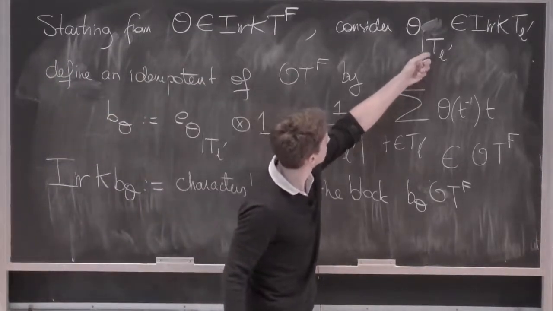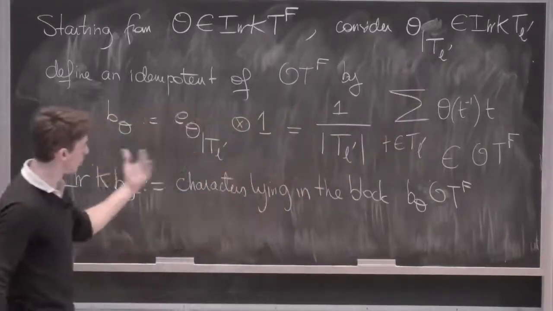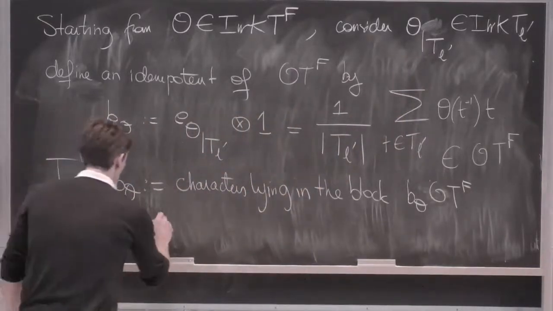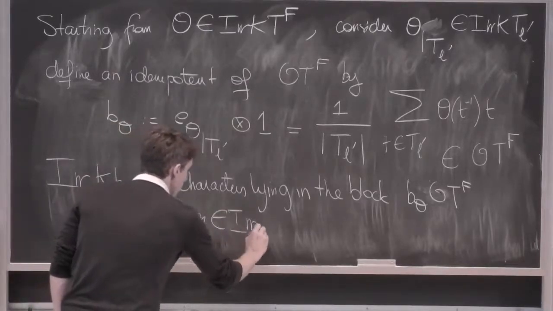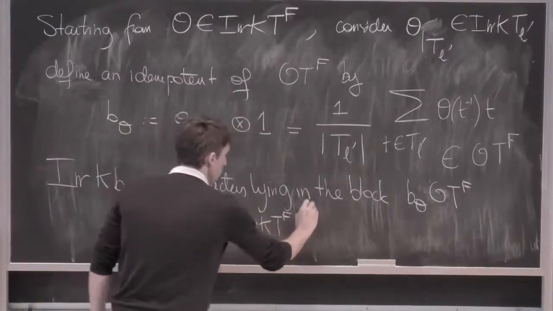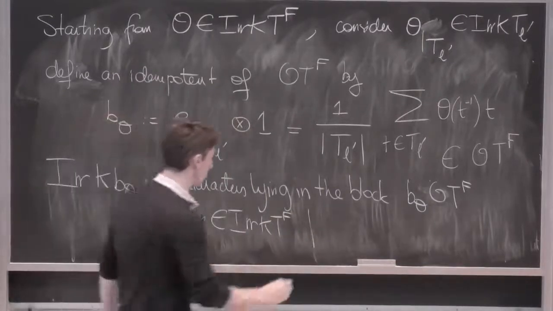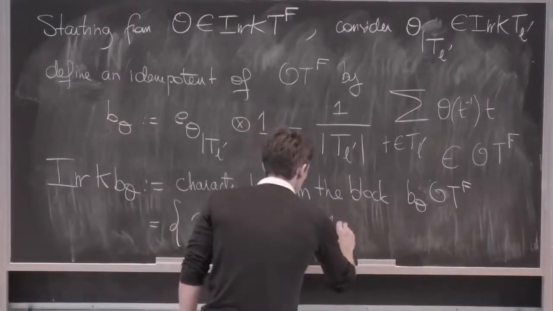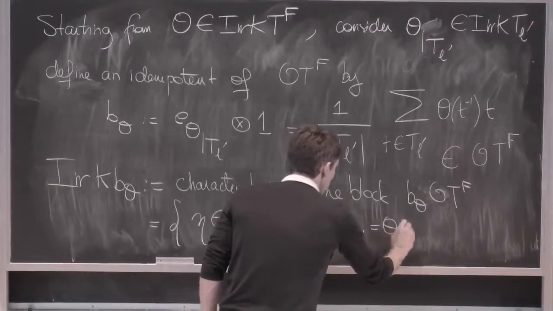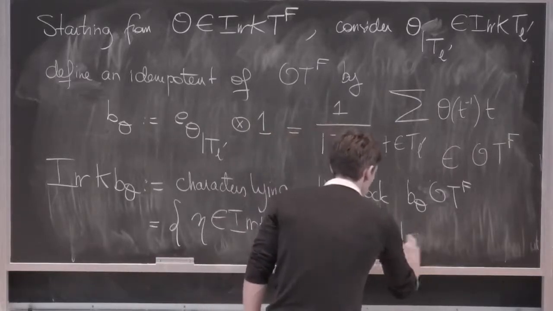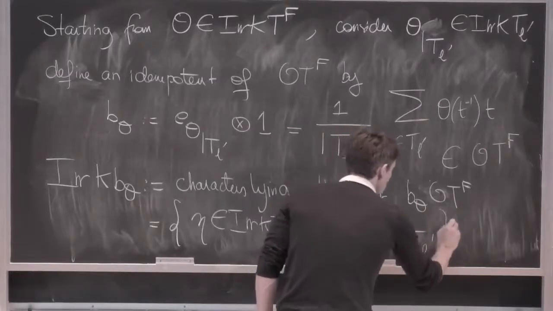If you don't change this restriction, you don't change the idempotent, so you will still be in the same block. So you end up with all the characters of the torus which have the same restriction. Let me write it: theta restricted to TL prime. That's the same.